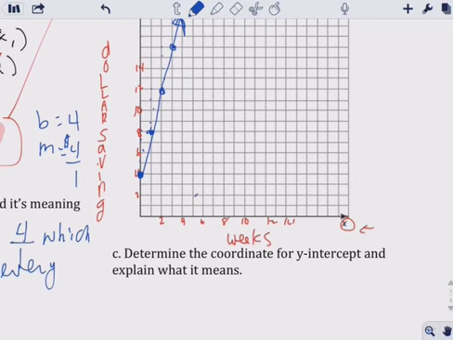Determine the coordinates for the y-intercept and explain what it means.